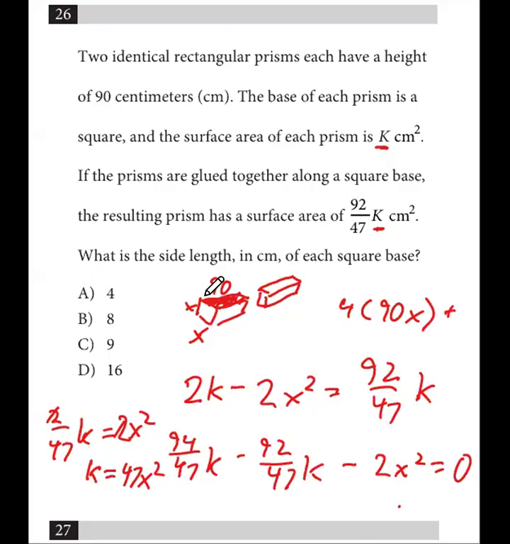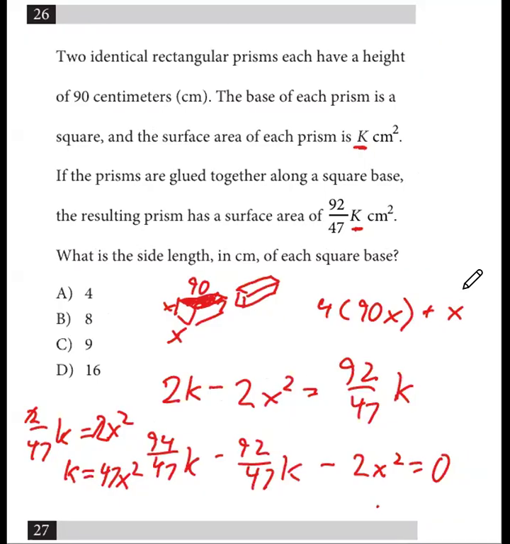And then we have the base, which is x times x, so plus x squared. Hold on. This should be 2x squared because we also have the backside for the original equation. So we have 4 times 90x plus 2x squared is equal to K. So that is the original surface area of the prism.